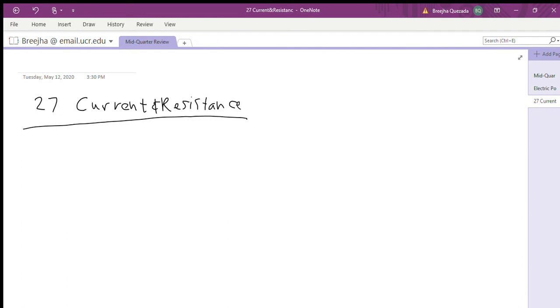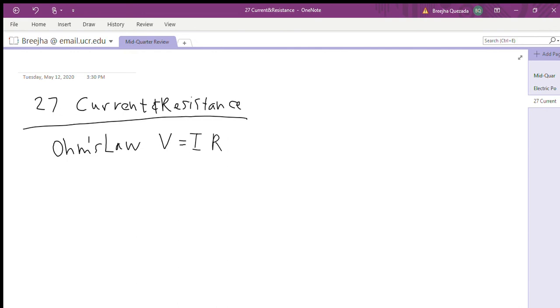The most basic principle for chapter 27 was definitely Ohm's law, which is V equals I times R. Potential and voltage are two words that are used interchangeably in this class, so I want to call this voltage equals current times resistance.